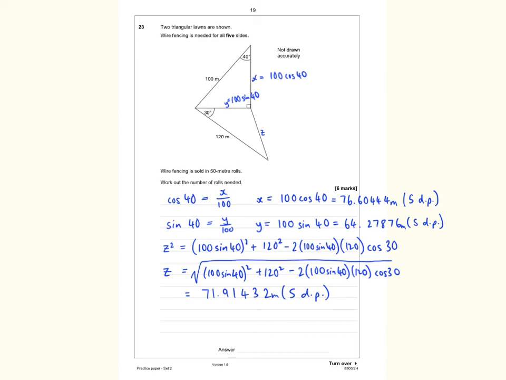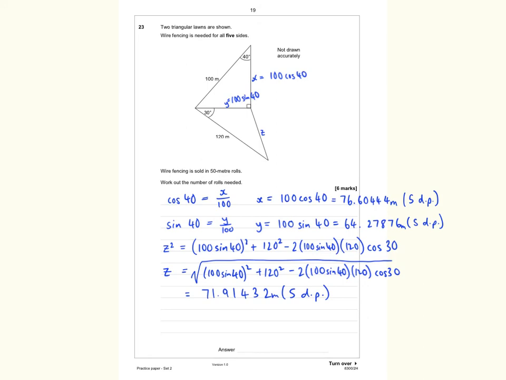So now I just finish off my question. I've got a value for x in meters, value for y in meters, value for z in meters. I need to add it to the 100 and the 120, okay, and then divide that by 50. So I'm going to do the addition first.